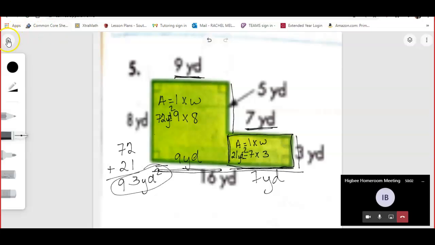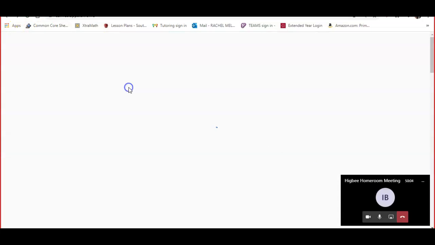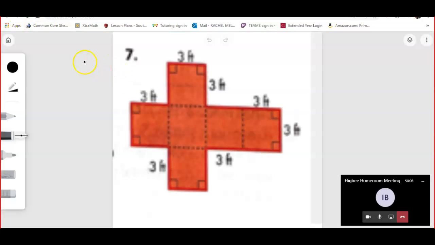Okay, so I think what I want to do, I'm going to come to this shape and let's do this shape. So I'm going to give you a minute and a half to draw that one. Okay, mute yourself and just draw.